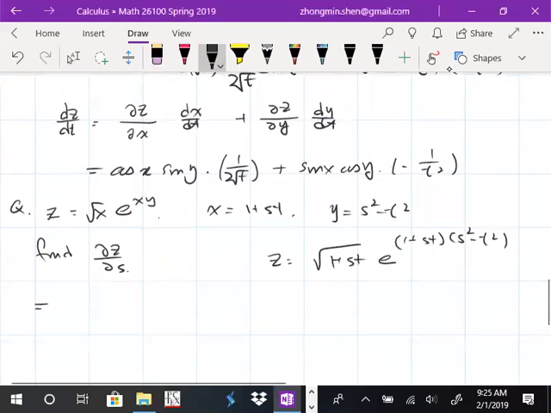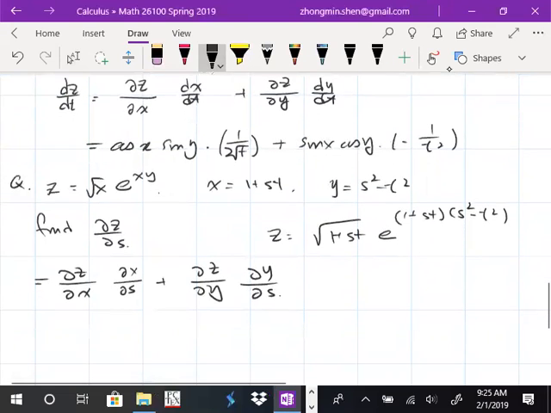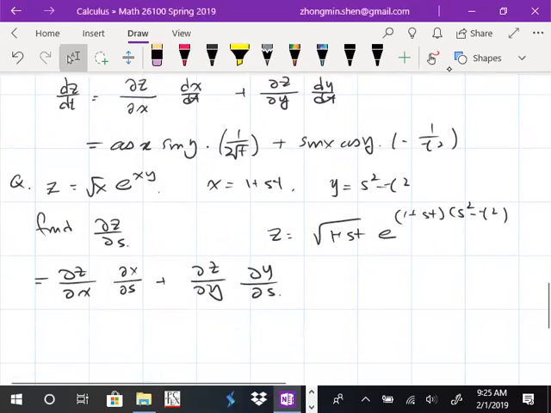What I'm going to do is use the formula, the chain rule. If you have two intermediate variables, you should get a sum of two partial derivatives here. It's not just a product.